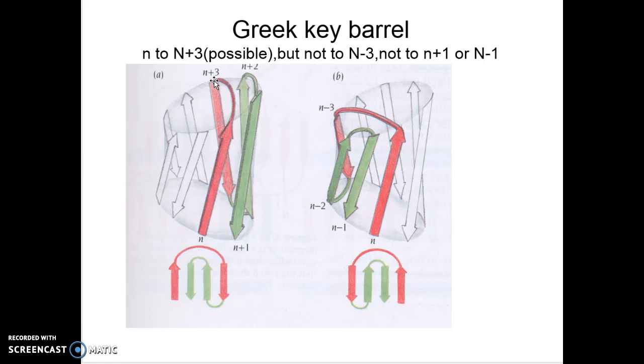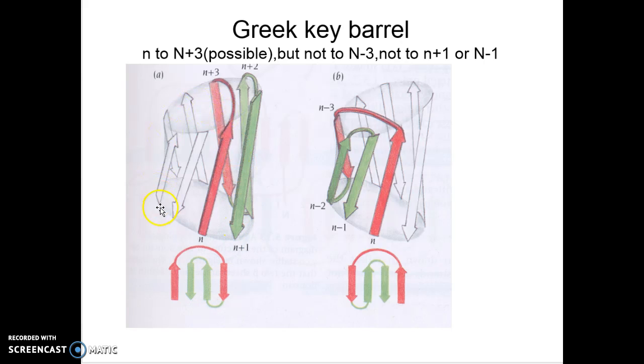But it is actually not connected to the n minus 3, not to n plus 1. It's not possible, right? As you see, and also n minus 1, because it must have this kind of topology called Greek key.